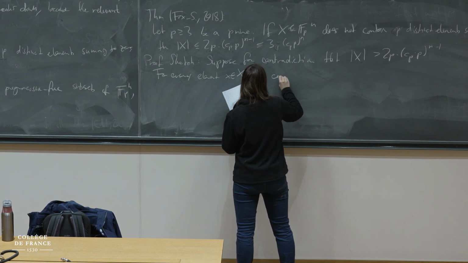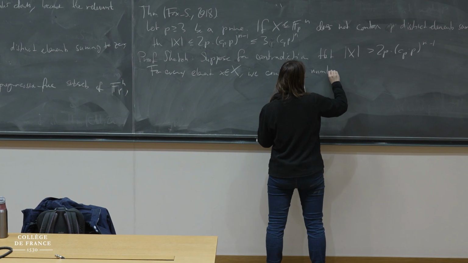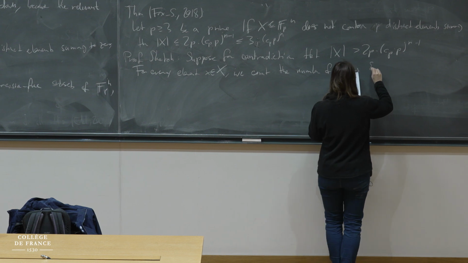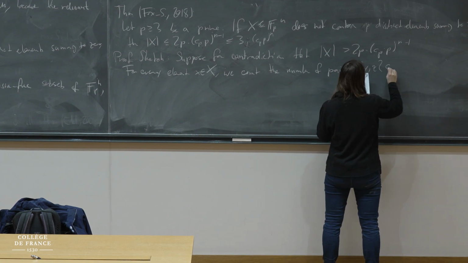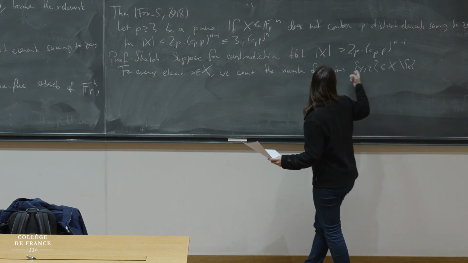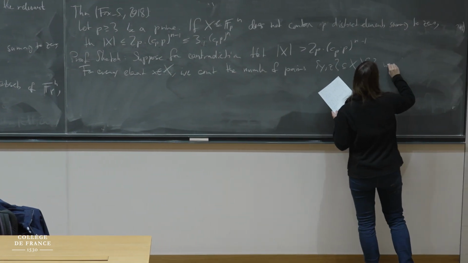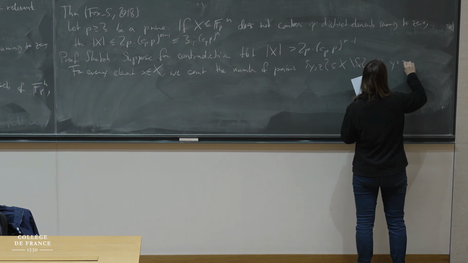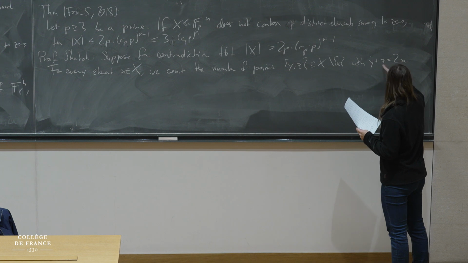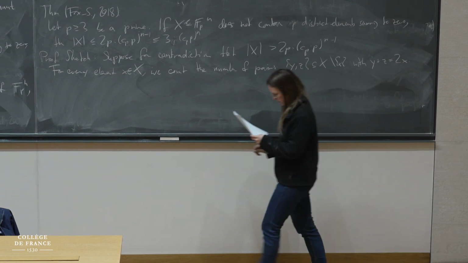So we count the number of pairs y, z in X, but without this little x, so basically the number of pairs y, z in the remainder of X after deleting little x with y plus z equals 2x. That means y, x, and z form a three-term progression with x in the middle. So we count the number of such pairs.